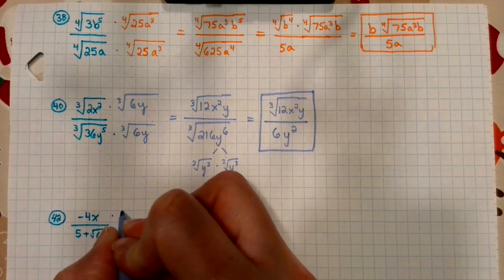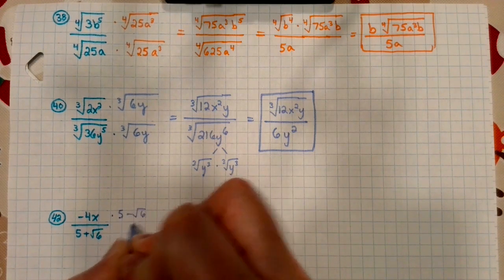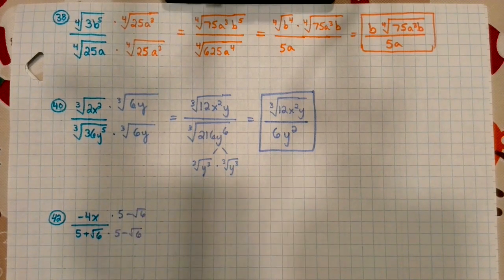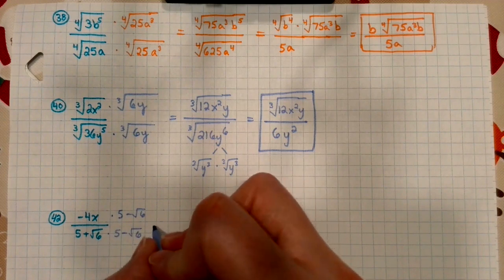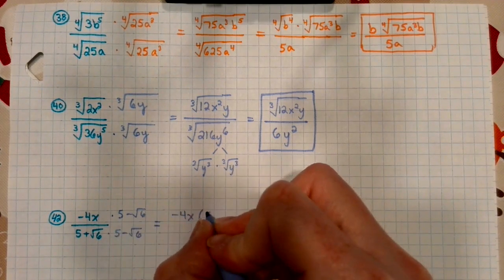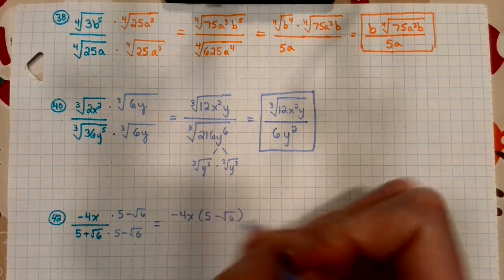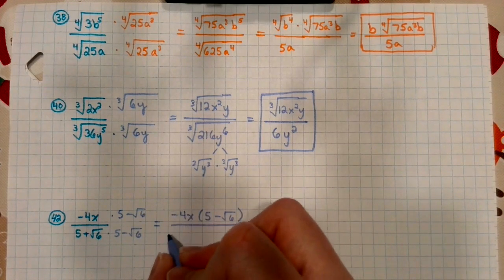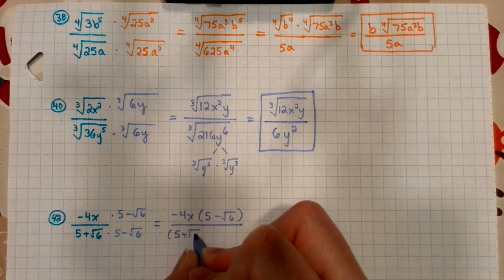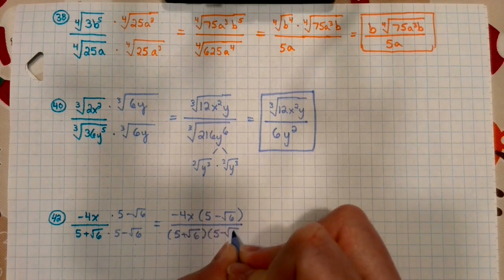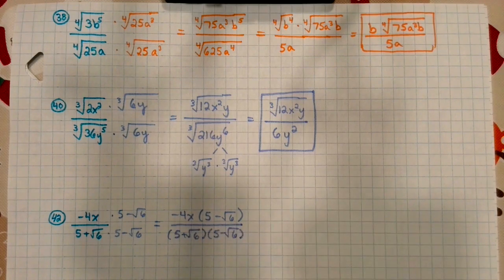So we're going to be doing that to both the top and bottom of this rational expression. So now we're going to end up having negative 4x times this entire quantity of 5 minus the square root of 6. And then here on the bottom, we're going to have 5 plus the square root of 6, and then 5 minus the square root of 6 multiplied together.